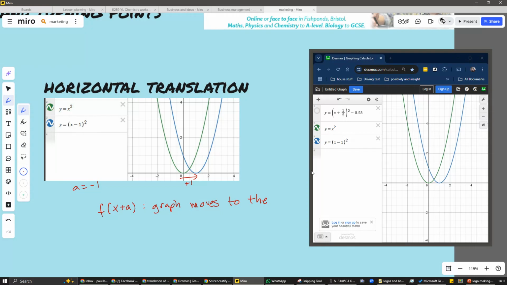Maybe it makes more sense to say x minus a, and therefore a is 1. So the graph moves to the right. So it moves the opposite direction to what you'd expect. The graph moves to the right by whatever a is. So if that was -2, it moves 2 spaces to the right, or if it was +2, it moves 2 spaces to the left. That's horizontal translation.